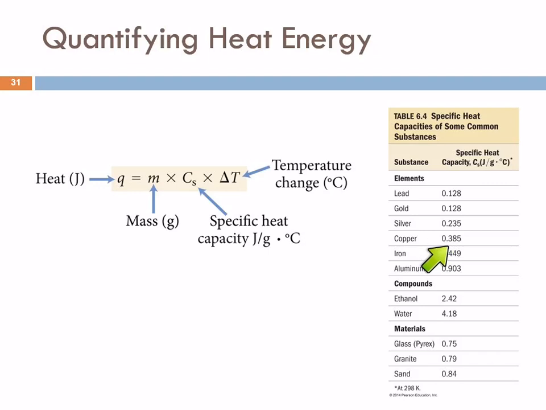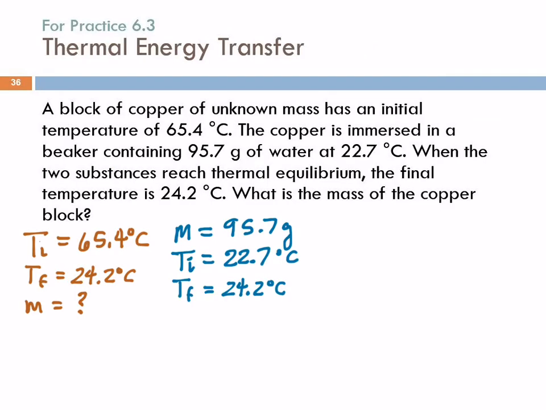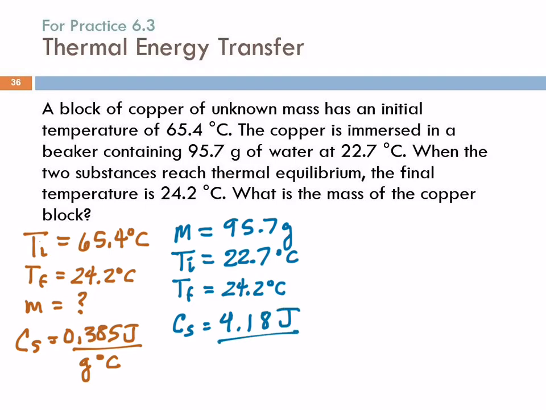It's 0.385 joules per gram degrees Celsius. And for the water, the specific heat capacity is 4.18 joules per gram degrees Celsius.